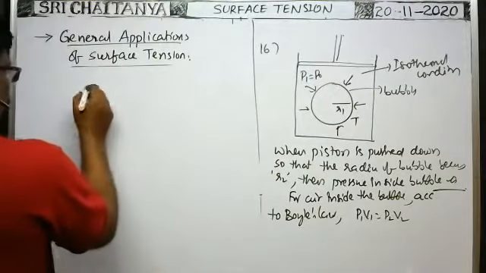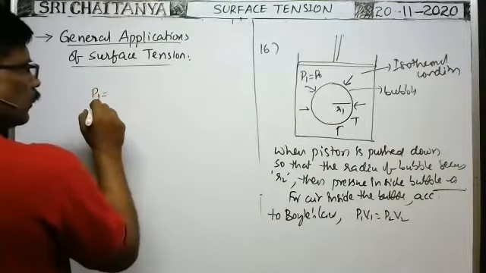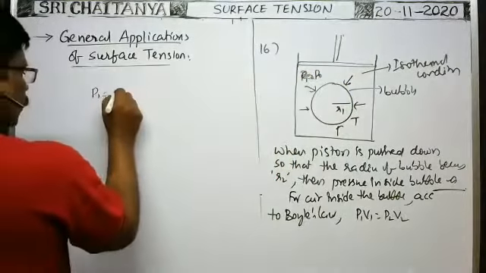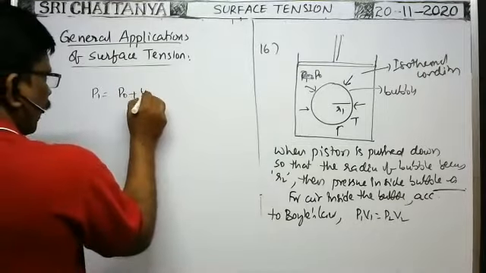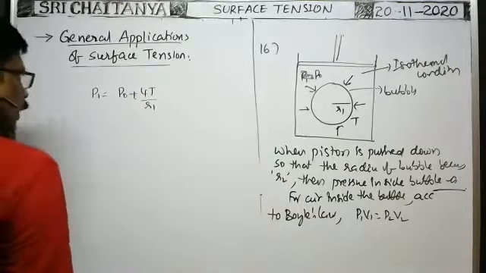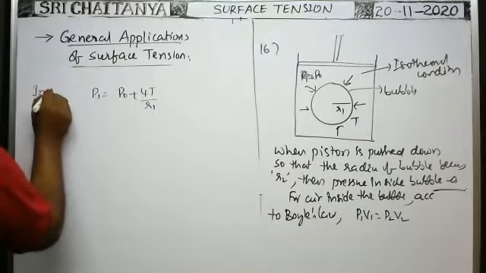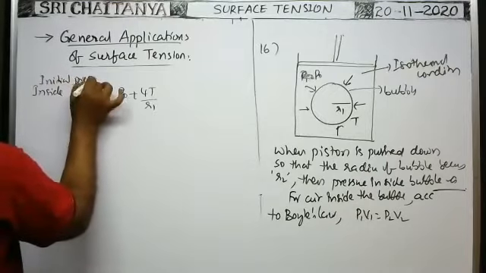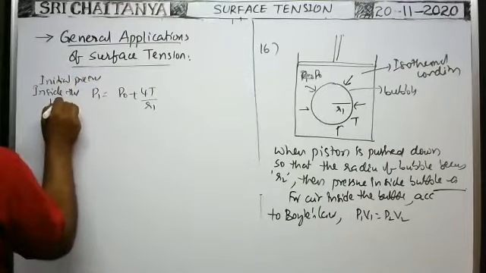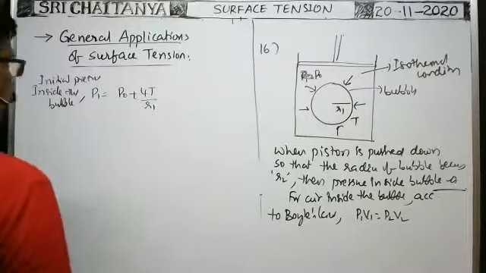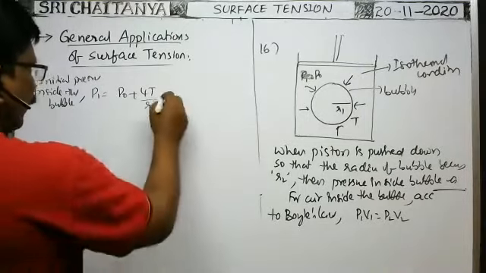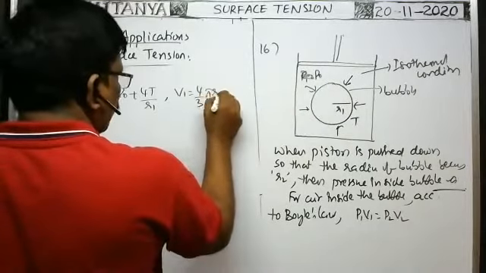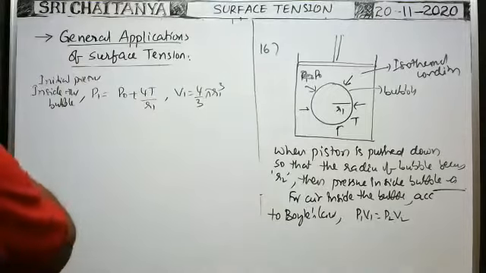Therefore, the total pressure inside the bubble at initial, P1, is equal to P0 plus 4T by R1. It is the initial pressure inside the bubble. And the initial volume V1 is equal to, as the radius is R1, 4/3 pi R1 cube. It is the initial pressure and initial volume.